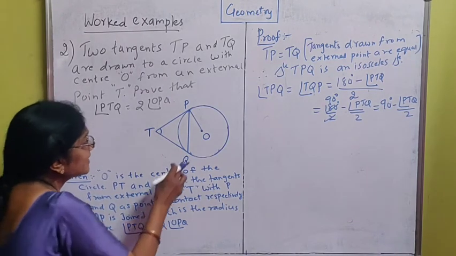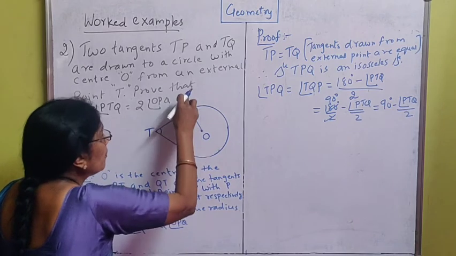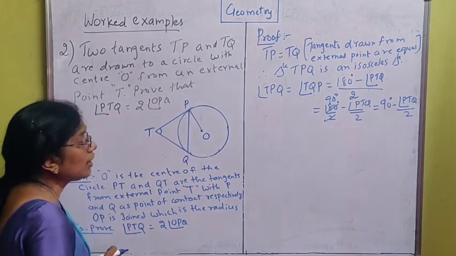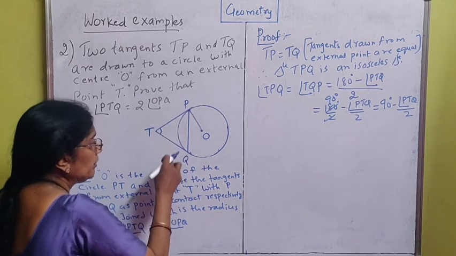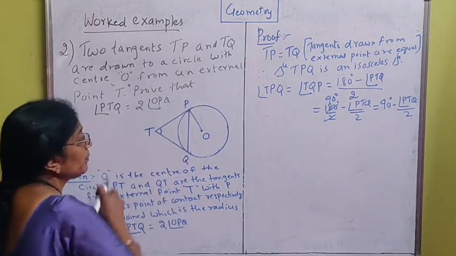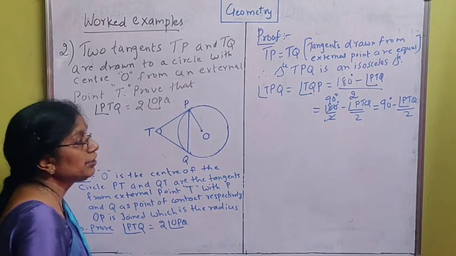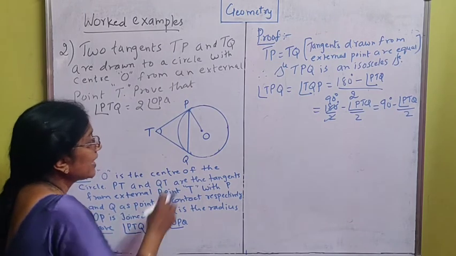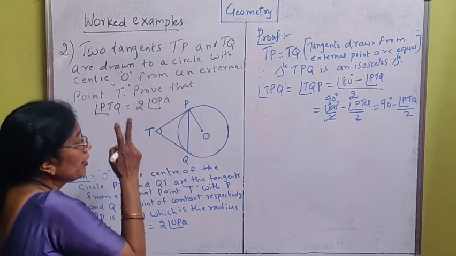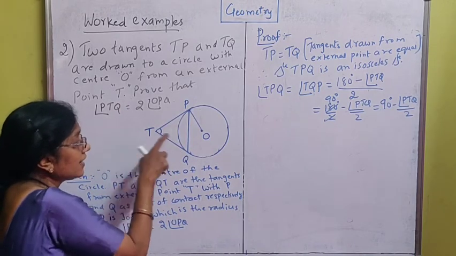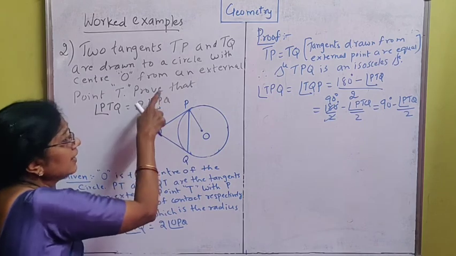Now you see this angle OPT. What is angle OPT made up of? Angle OPT is made up of angle OPQ plus angle TPQ. Why? Because you can see here, forget this line, this angle is made up of two angles, OPQ and TPQ.